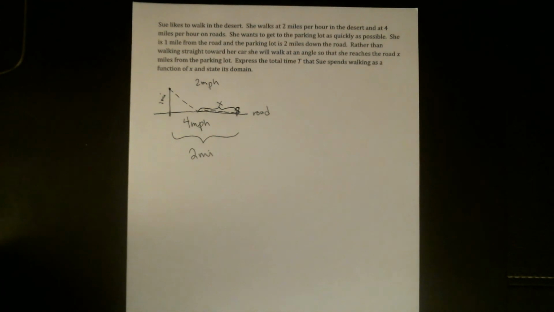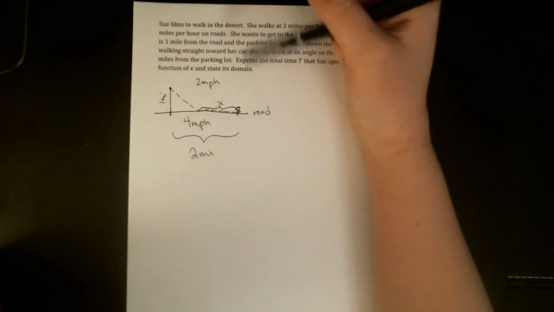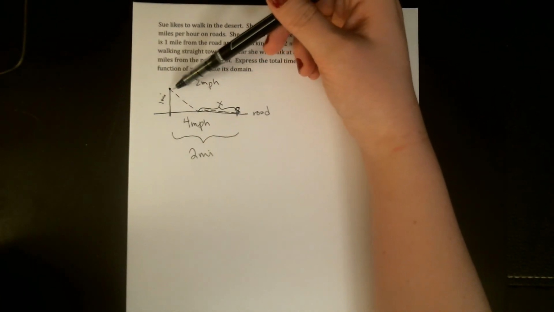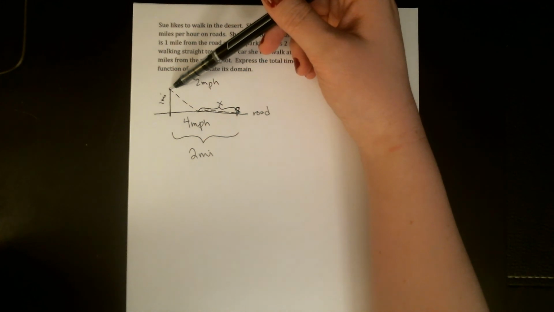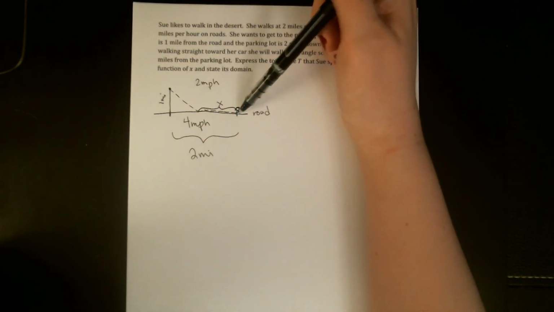So again, the calc version of this problem would be the exact same setup, but we would be looking for the value of X that gets her there in the least amount of time. So this would be a minimized time problem. So what we're balancing out in this situation is if we cut straight across from where Sue is standing now to the road, there are some advantages.